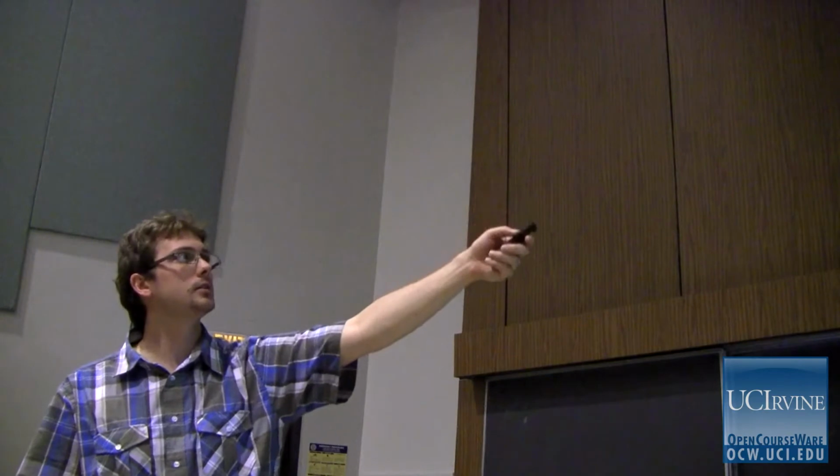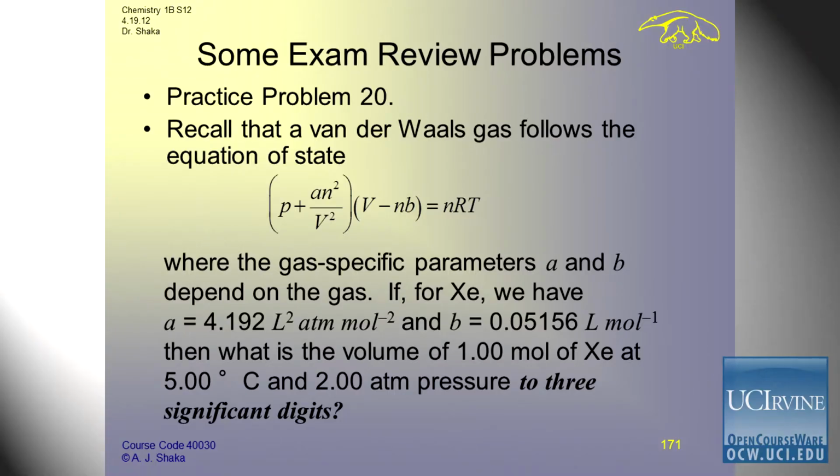All right, recall that a van der Waals gas follows the equation of state as follows. I'm not going to read through that. Remember that the ideal gas equation is just PV equals nRT, and here we've said, well, PV equals nRT is great, but it's not fantastic. So we've added in these correction factors, a n squared over V squared and minus nb.